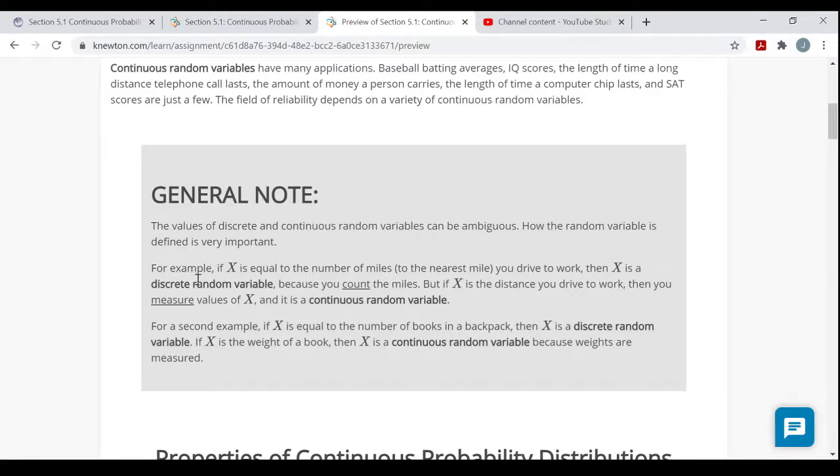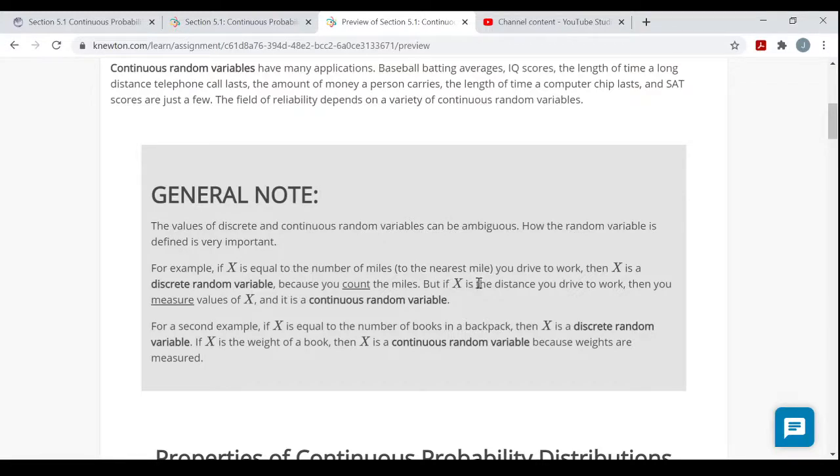For example, if capital X is equal to the number of miles to the nearest mile that you drive to work, then X is a discrete random variable because you're simply counting the number of miles, right? I've driven 1 mile, 2 miles, 3 miles, 4 miles. Something counted is for a discrete random variable.